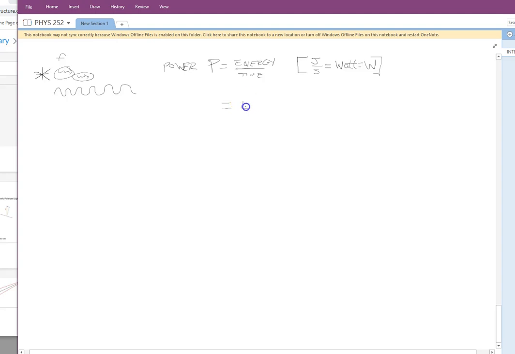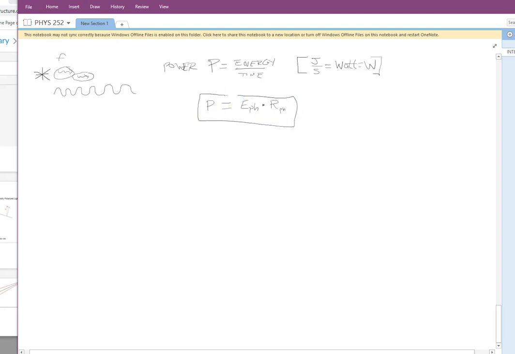So at one frequency, take the energy of a photon. But the number of photons being emitted per time, that's the other critical factor. So what I'm going to do is multiply this by, I'm going to symbolize this by R sub ph. I'm going to call that the photon rate.